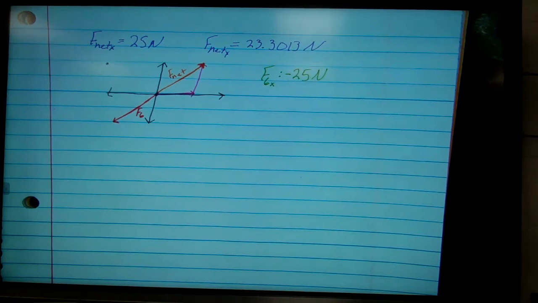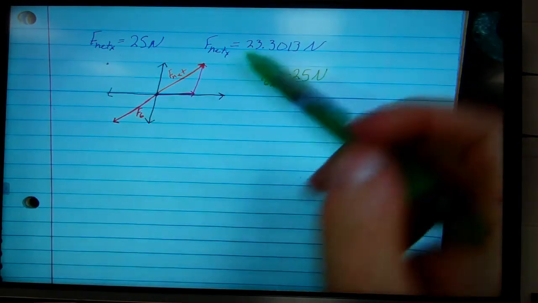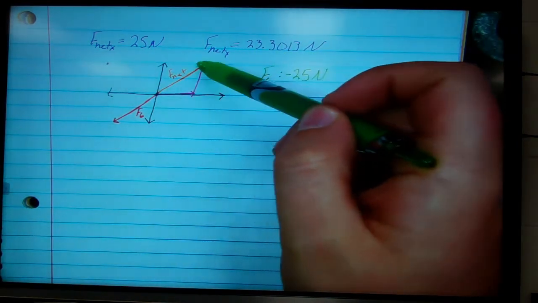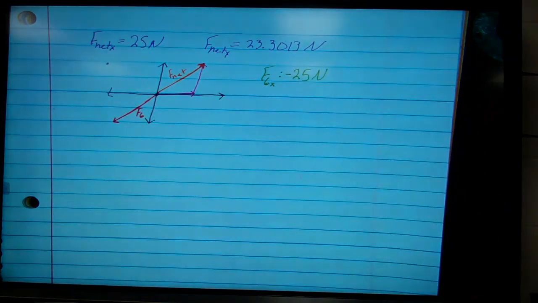That's wrong, because if I apply the 6th force at that angle, we would not be at equilibrium. We would be pulling twice as hard.